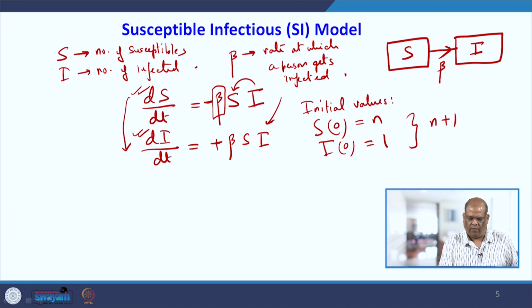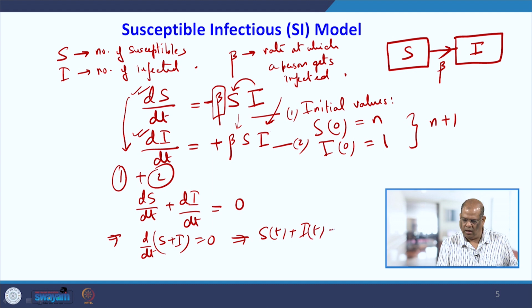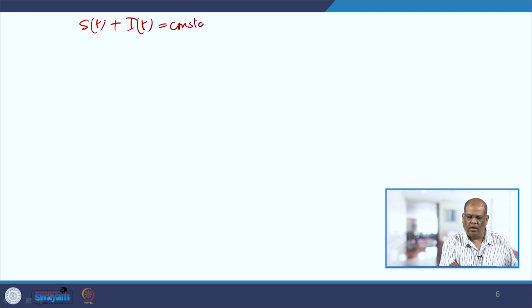So, you can see from here, if I name it as 1 and name it as 2, if I add 1 and 2, I get ds/dt plus di/dt, and that is equal to 0. This implies d/dt of (S plus I) equal to 0, which implies S(t) plus I(t) equal to constant.